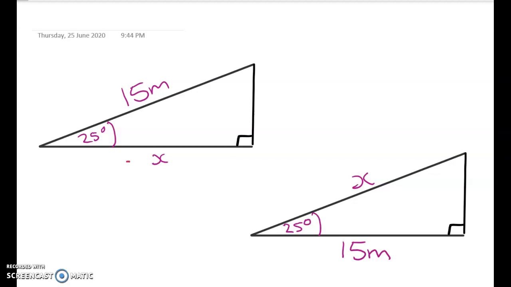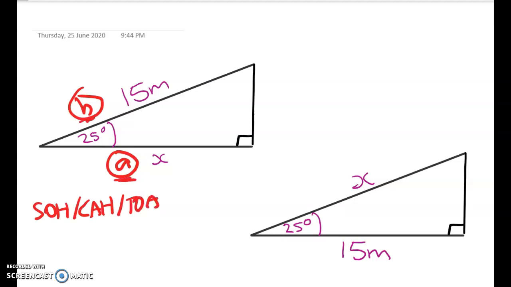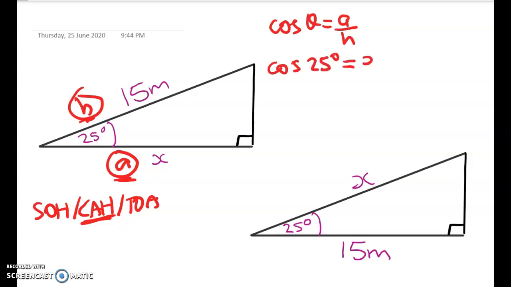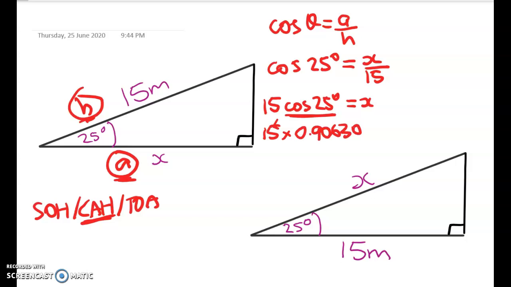So we label: this side is the hypotenuse, this side is the adjacent. We want to use cosine, so we write down our SOHCAHTOA to choose, and we can see the links between A and H. So we're going to have cos theta is equal to A over H, then the cosine of 25 degrees is equal to X over 15. 15 cosine 25 degrees is equal to X. This number here is 15 times 0.906308.